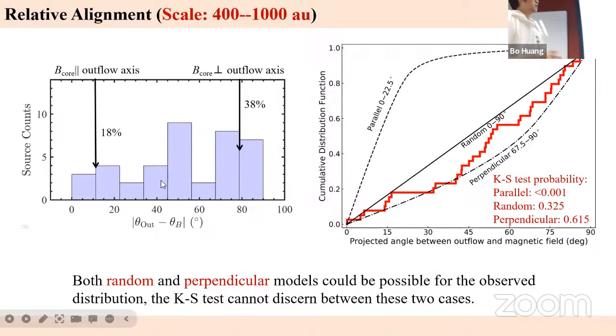And this angle is obtained in the plane of the sky, which is 2D, but actually in space it should be 3D.